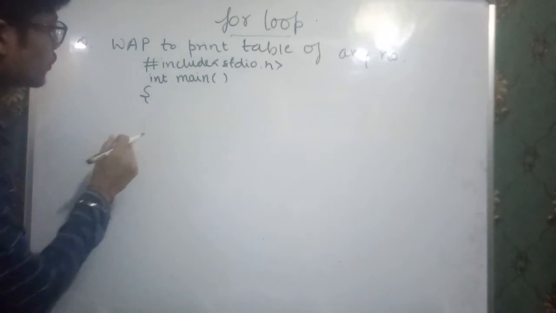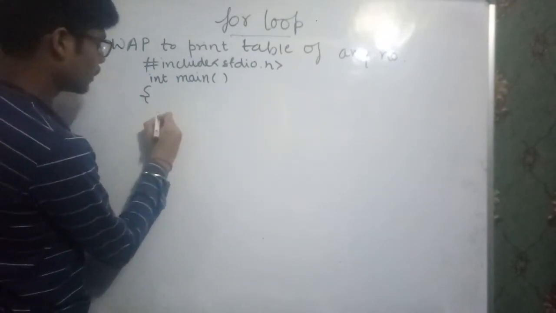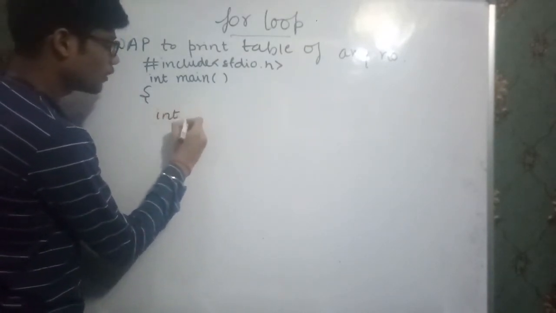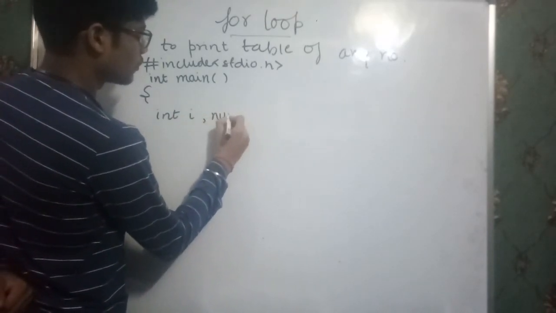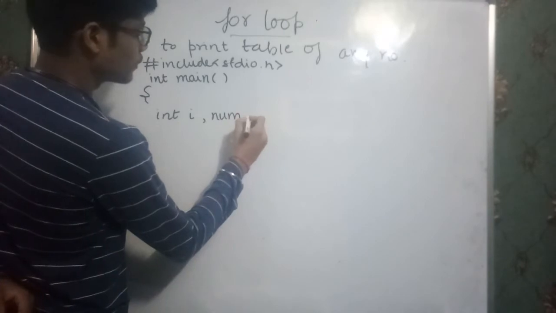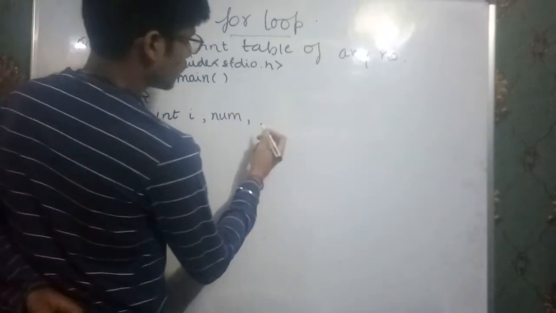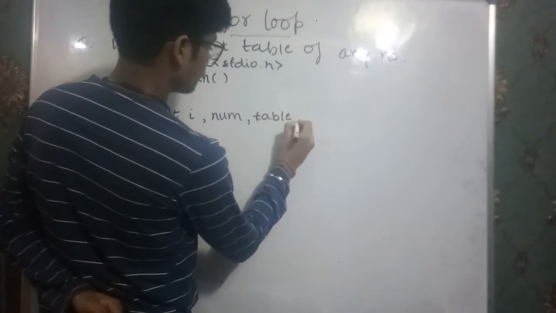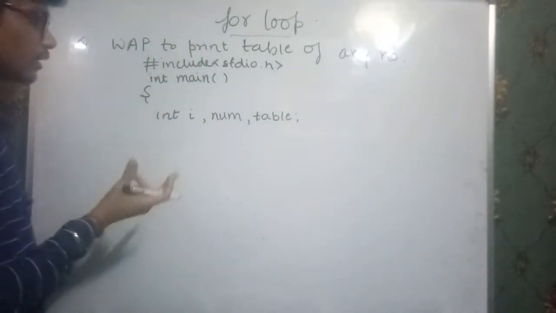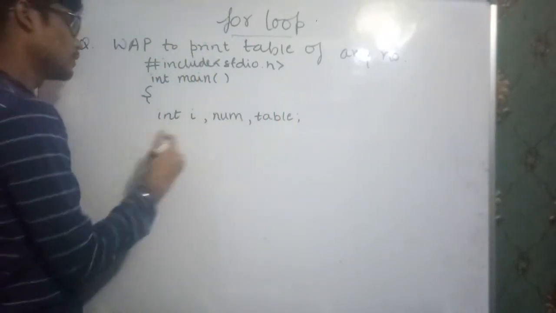So here int main, after that we take a variable as i, then a number as num, and for example table, another variable. So we have taken 3 variables here.